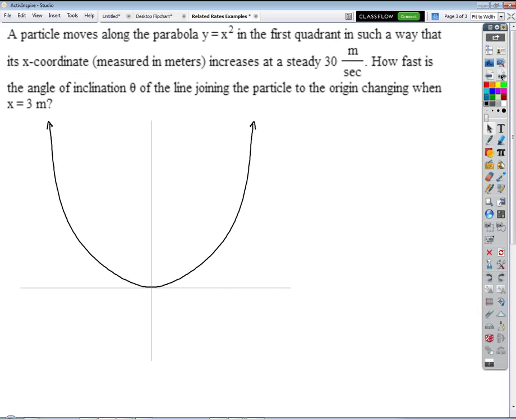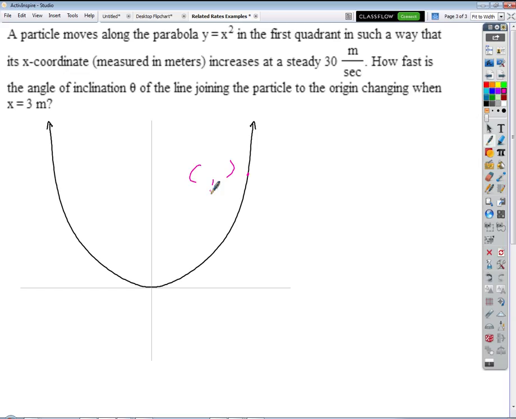We've got a particle moving along this parabola. So let's draw the particle. So here's our particle, like an ant. What are the coordinates of the particle? They're going to vary because it's moving, but what's the x coordinate going to be?